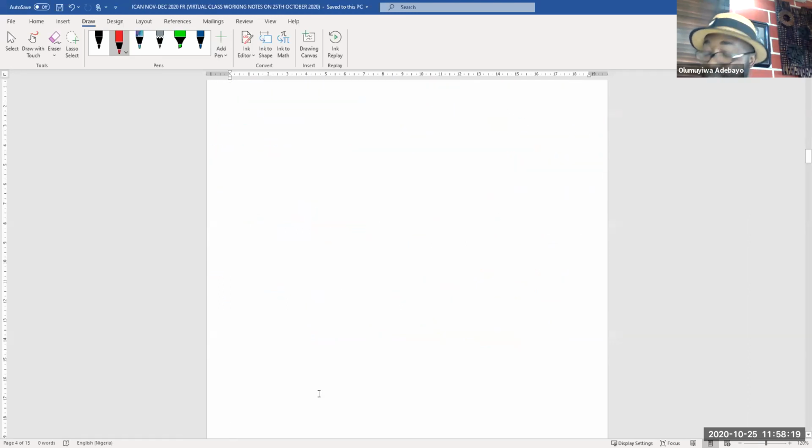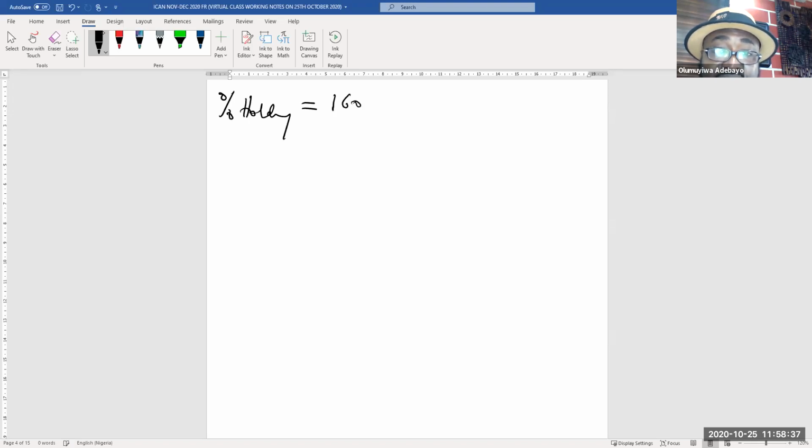Which means now let us start to solve the question. The main thing we have solved is the adjustment, which is the new thing we have learned. Now, they didn't give me the percentage, so I have to look for it myself. Therefore, we look for the percentage holding. You acquired how many shares? 60 million shares. Out of how many?